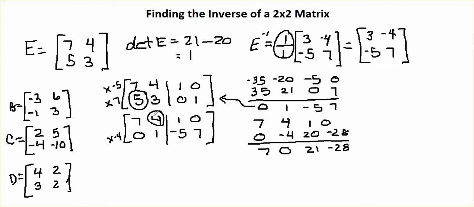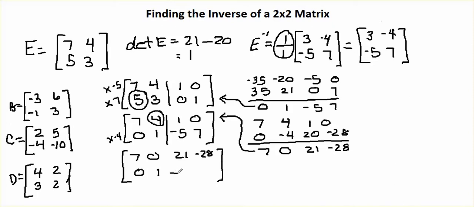And since we were trying to eliminate a number in our top row, we will replace our top row with our new calculations. 7, 0, 21, and negative 28. 0, 1, negative 5, and 7.